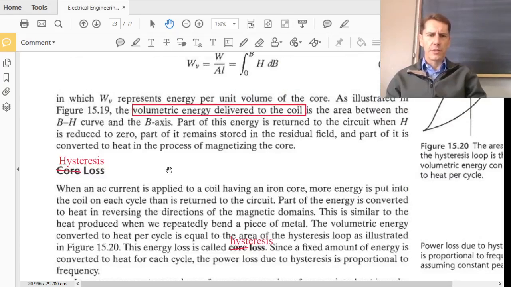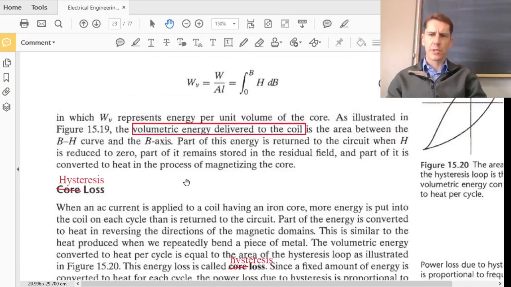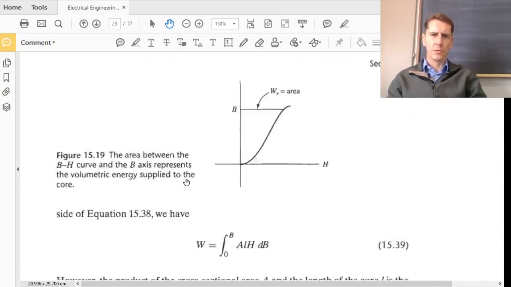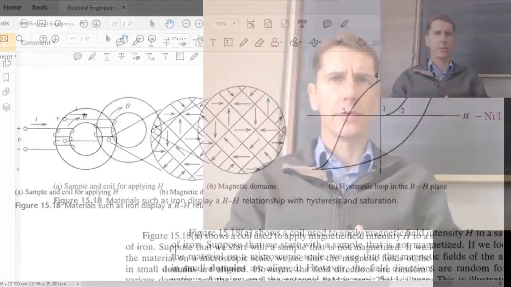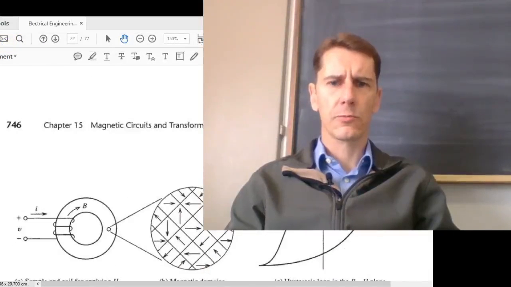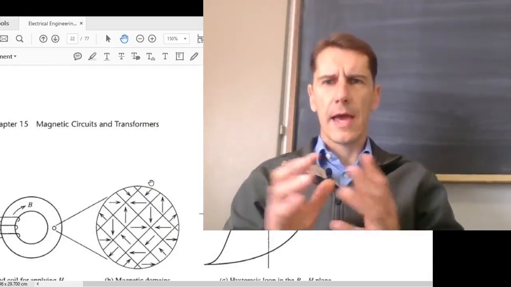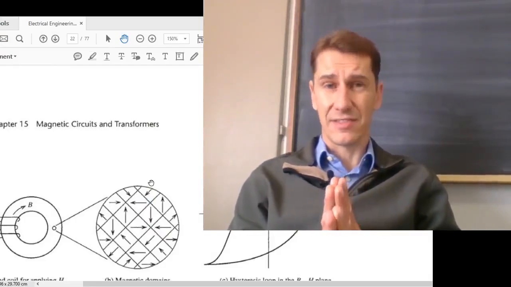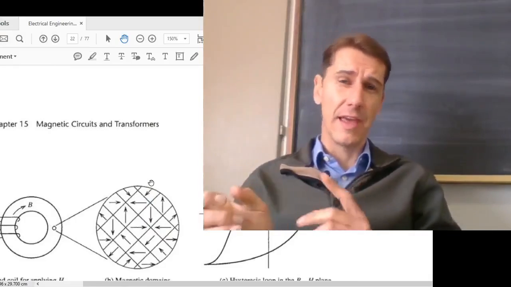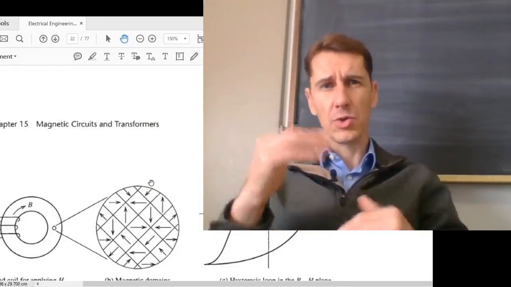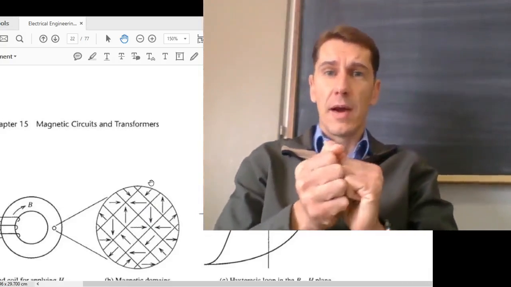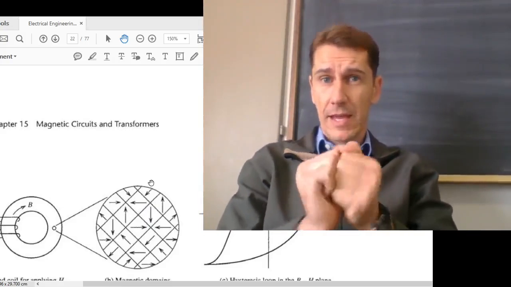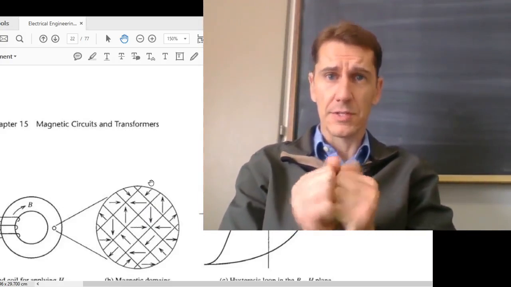So why hysteresis loss? Let's go back to that domain picture. As you shunt your magnetic domains left and right, the whole time as your AC voltage changes, you're basically taking those domains and they are rubbing against each other.